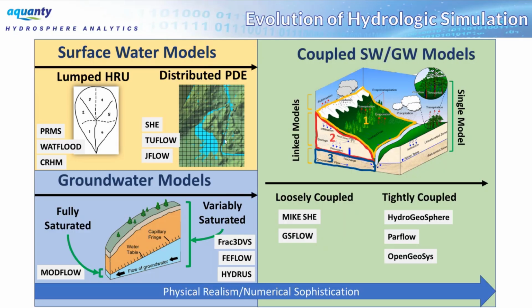What I am referring to is a digital representation of a real-world landscape that is a grid or mesh-based system of partial differential equations. There are plenty of examples of this in the surface water world.